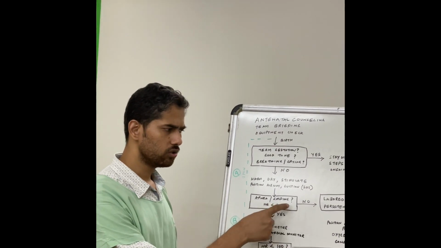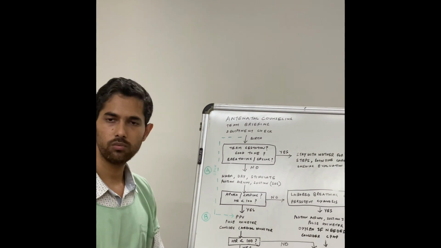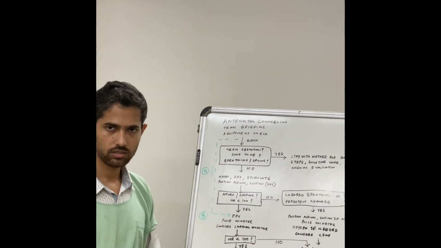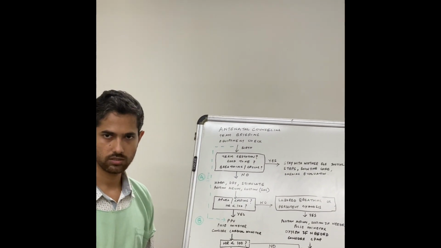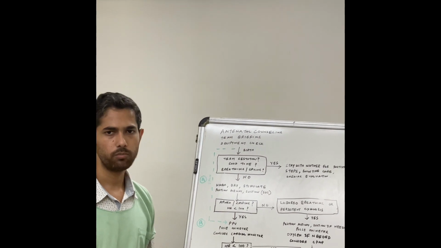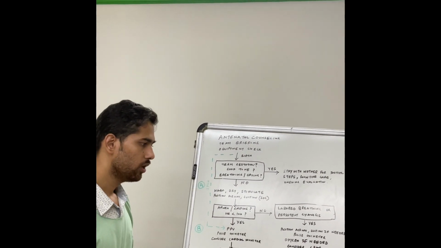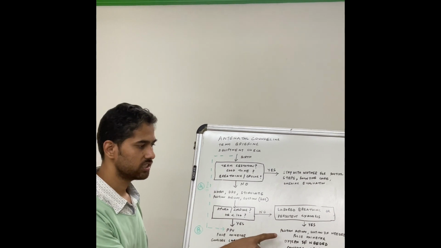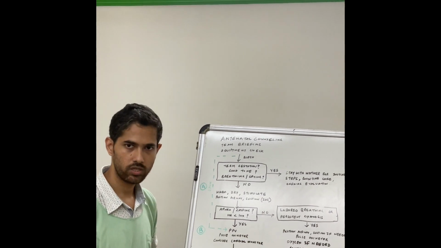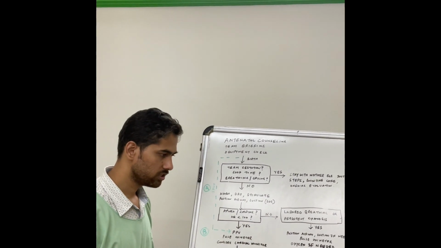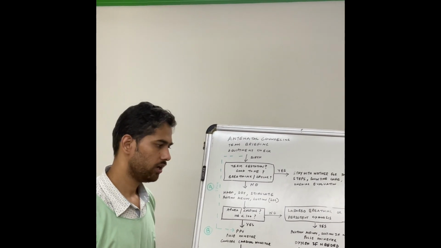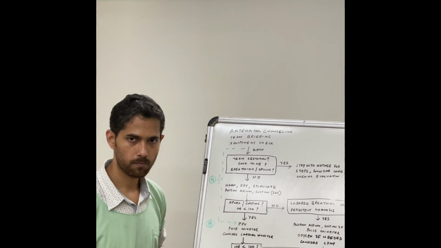If the answer is no, then you have to check whether the baby has any labored breathing or persistent cyanosis. If so, position the airway, suction if needed, put the pulse oximeter on the right upper limb, give oxygen as needed, and consider CPAP.